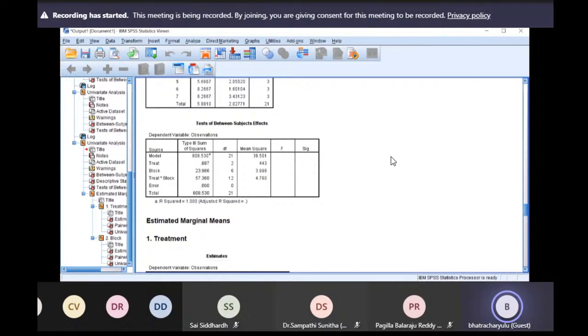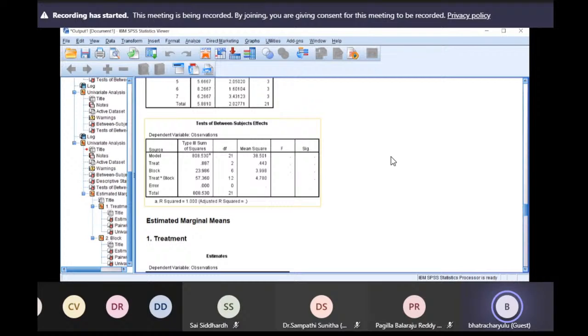So here the model, treatment, block, interaction effect and error. So we have to get more numbers by increasing by 3 or something. Okay, no problem at all. So this is required. The R square value is 1, adjusted R square also 1. So the model is fitted 100%, exactly fitted. And the data is showing insignificant.